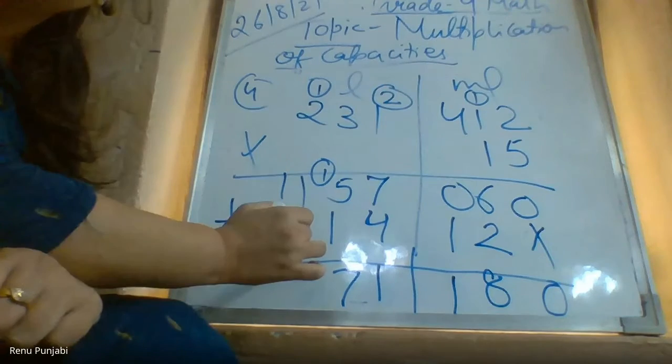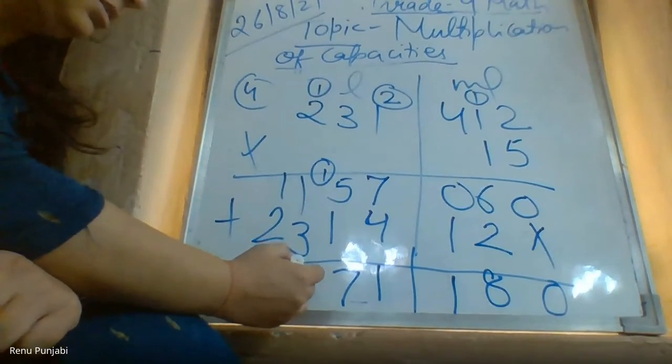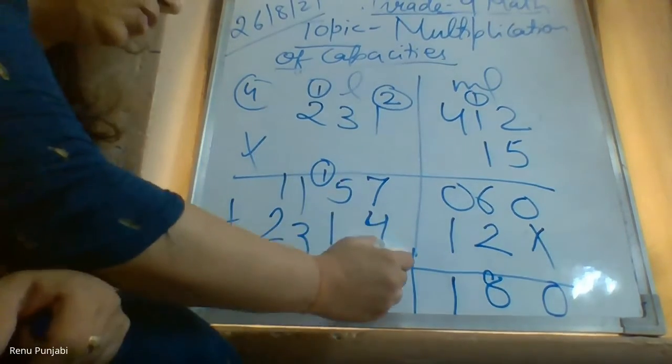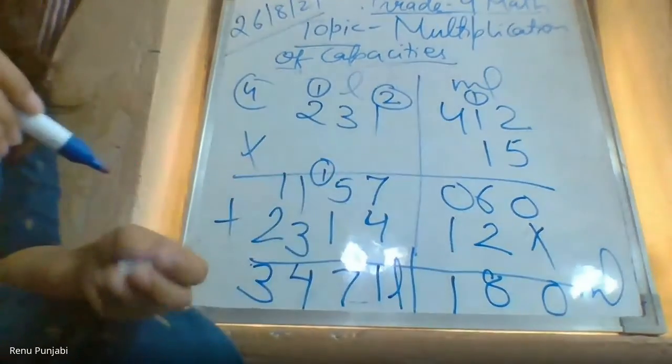Are you stuck, students? No, ma'am. My dear, I'm solving here. 3 plus 1, 4. And 2 plus 1, 3. So the answer is 3,471 liter 180 milliliter. Got it?